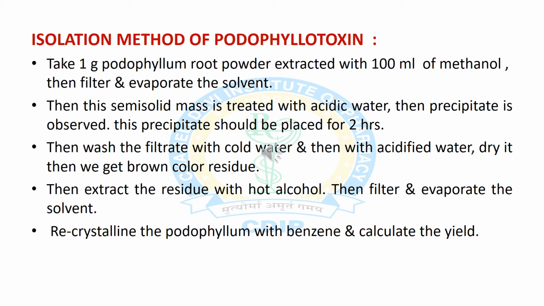Then we wash this precipitate with cold water and after that acidified water, and dry it. Then we get a brown color residue, which is treated with hot alcohol, filtered again, and the solution evaporated. Then, by the recrystallization method with benzene, we can get a pure form of podophyllotoxin.